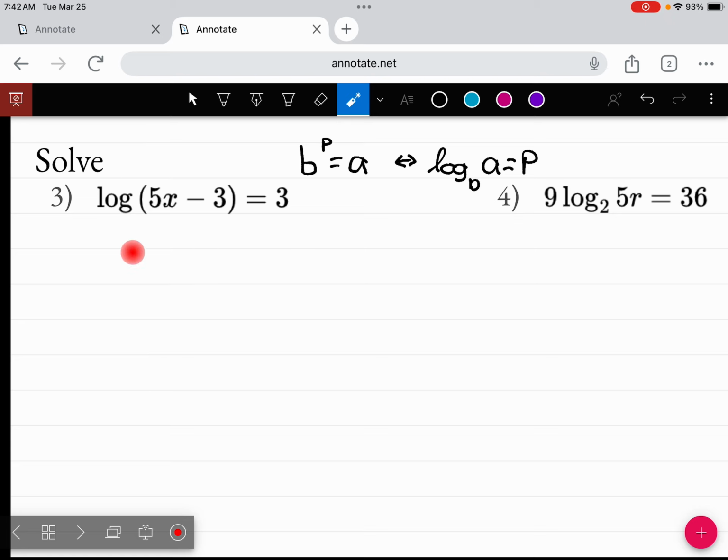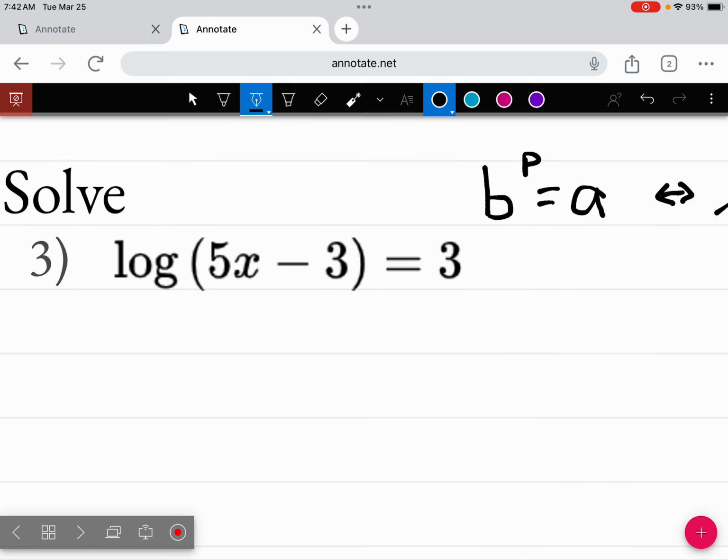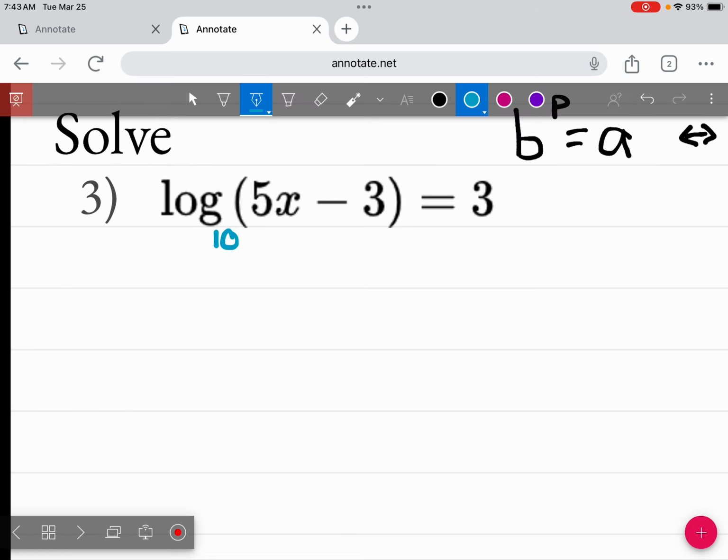So for 3, what's the base on our log? What should be here? If there's no base, 10. That's our common log. This has a base of 10. So if there's no base written, it's a base of 10.